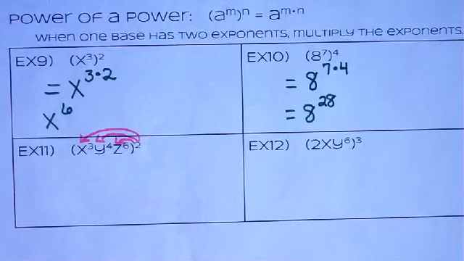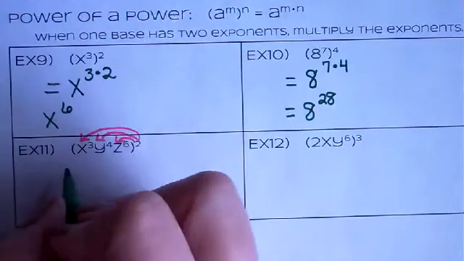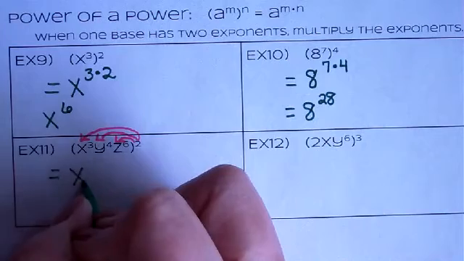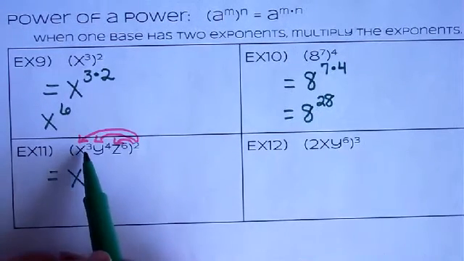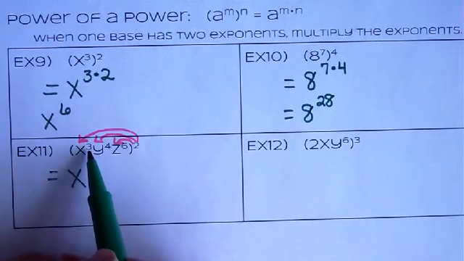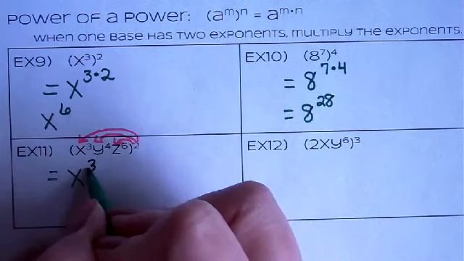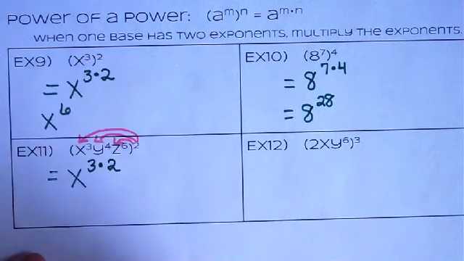So I'm really going to do this little law of exponents 3 times, once with the x, once with the y, and once with the z. So what is that going to look like? Well, let's start right here with the x. Multiply the x exponent, 3, and the 2. So I've got x to the 3 times 2 power.